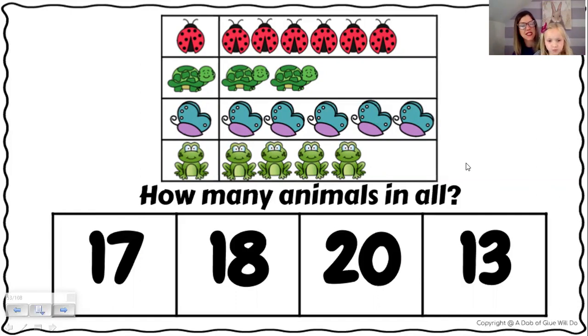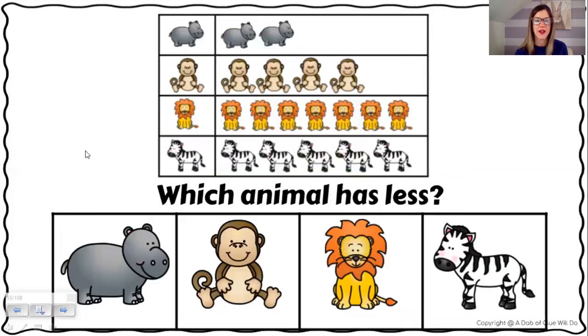Which one is 17? Very good. All right. Taylor, can you say goodbye to everyone? Bye! Okay, 17. I hear the number 7. And it's a teen number. Teen numbers start with the number 1. So I see a 7 and I see a 1. Good job.